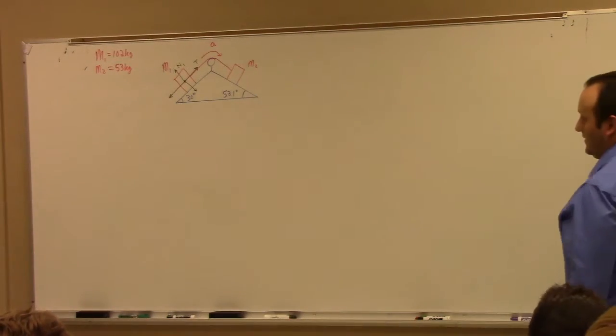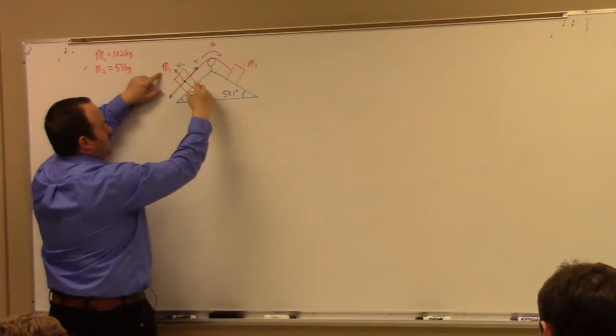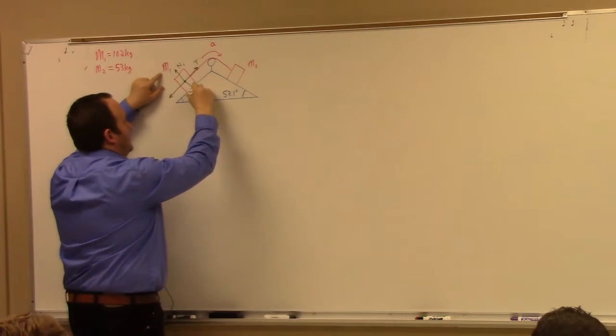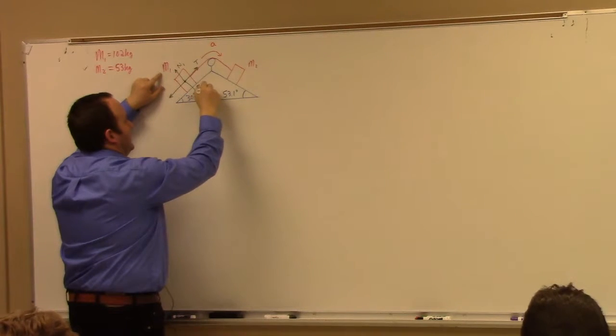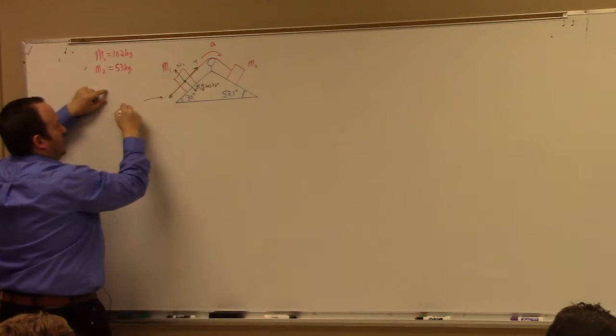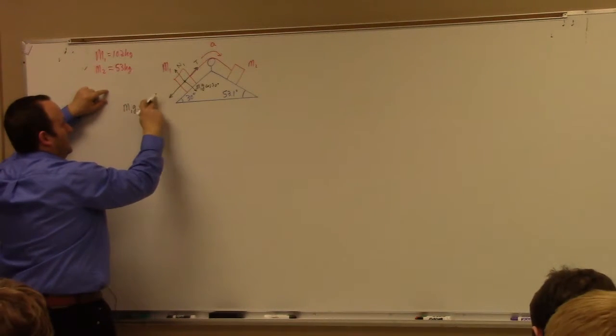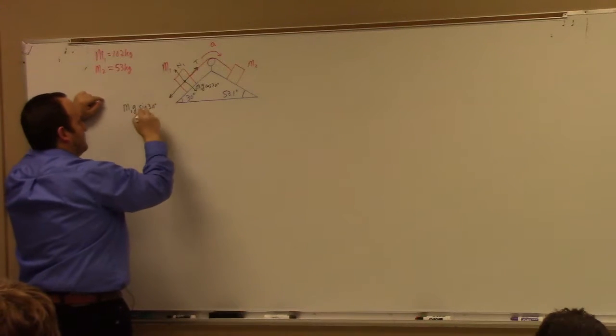As we've talked about, the perpendicular one is m1 g cosine 30 degrees, whereas this parallel one will be m1 g sine 30 degrees for the usual geometric reasons.